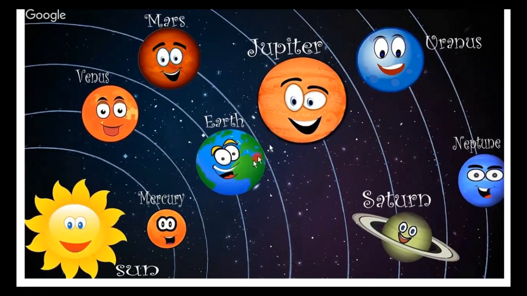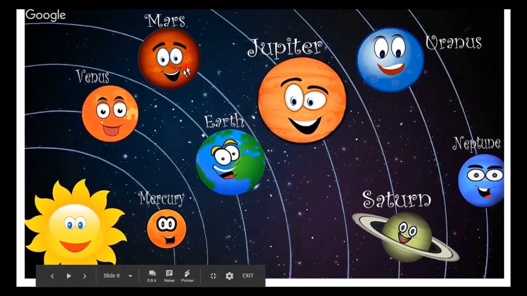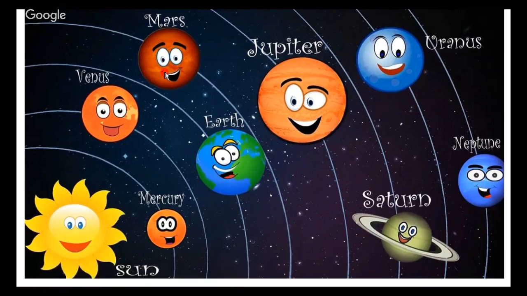Where would we find the asteroid belt? Between Mars and Earth. Between Mars and Jupiter. It separates the inner planets from the outer planets.